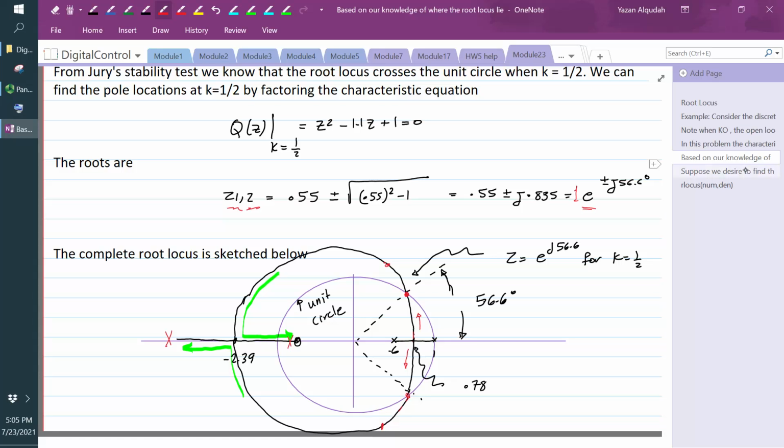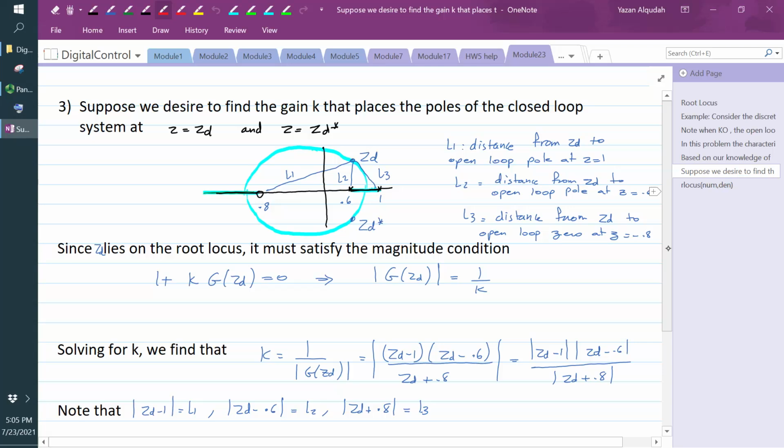Okay. So let's look at an application of the root locus. Suppose that for the system that we just plotted, this is the root locus. I want to find the value of the gain k that places the poles of the closed loop system at a certain location.